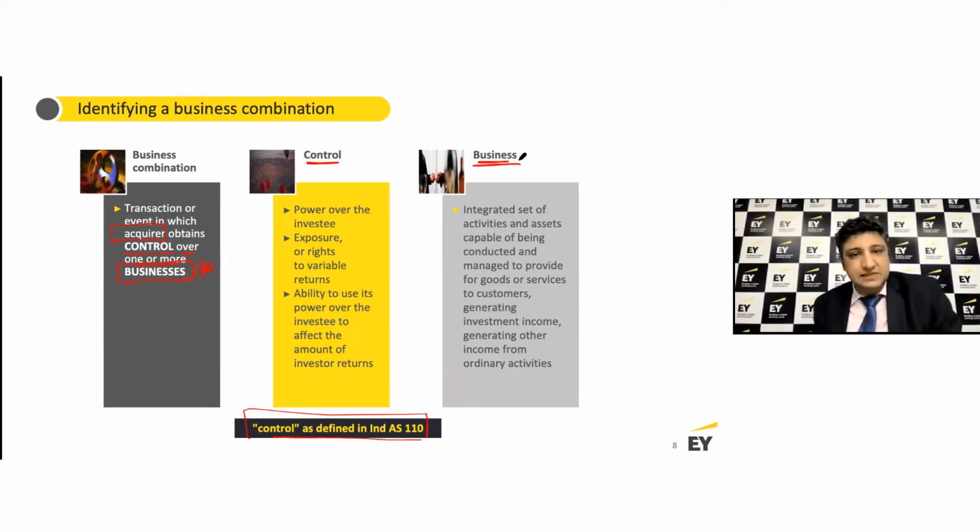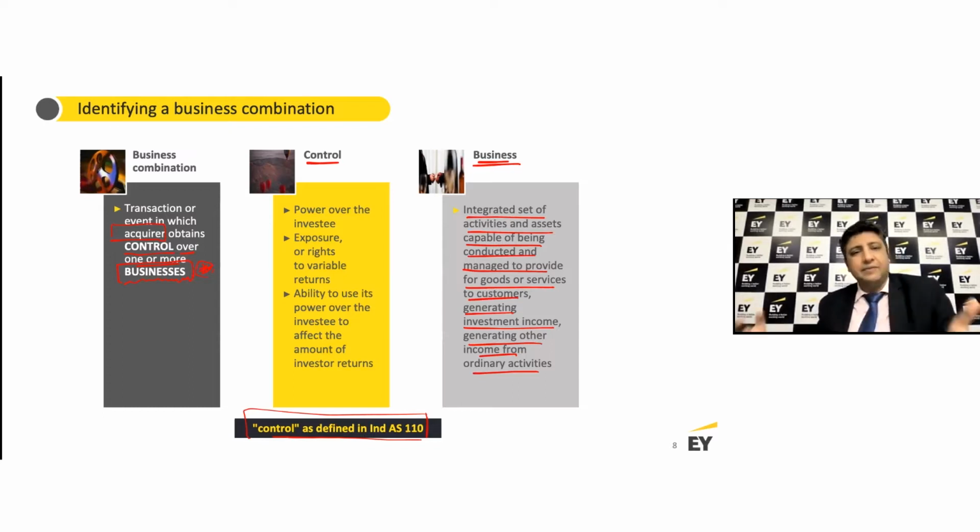The term business is defined very clearly as an integrated set of activities and assets capable of being conducted and managed to provide for goods or services to customers, generating income or generating investment income or other income from ordinary activities.